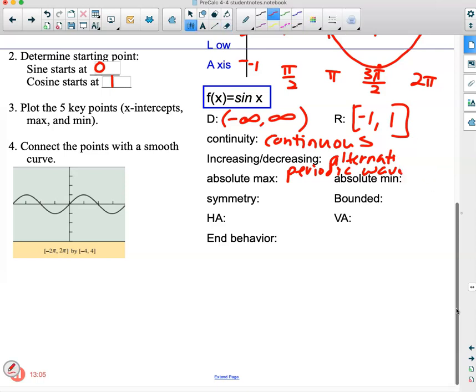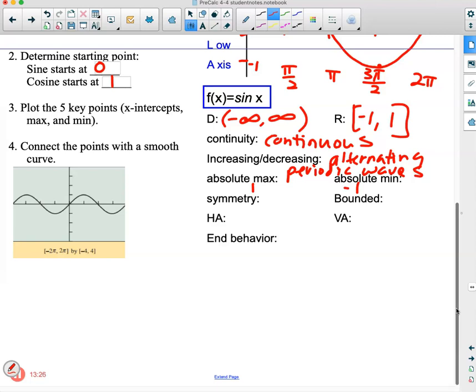And alternating got spelled really interesting there. Alternating. There we go. In periodic waves. It does have an absolute max. The highest point that it reaches is 1. It does have an absolute min. The lowest point it reaches is negative 1.